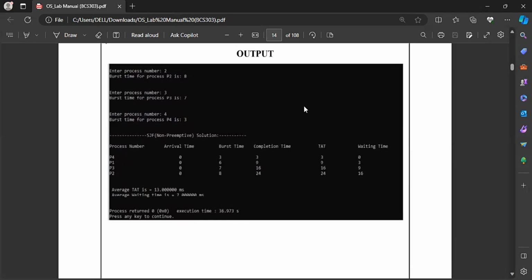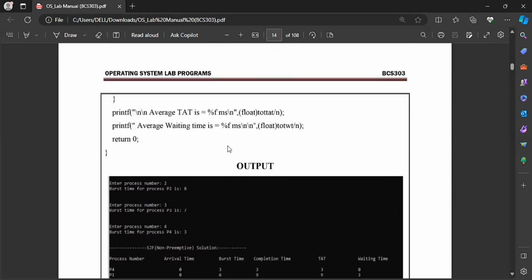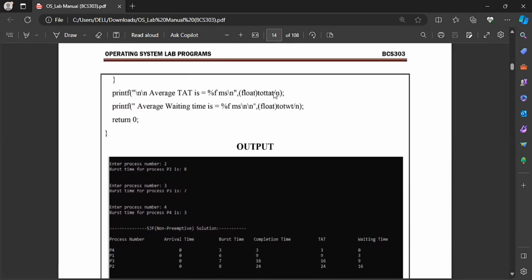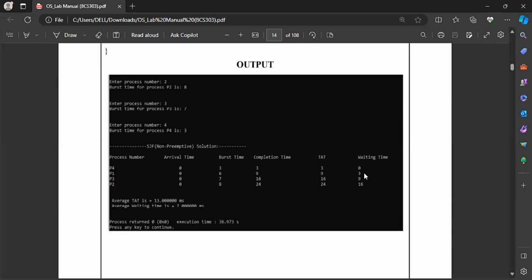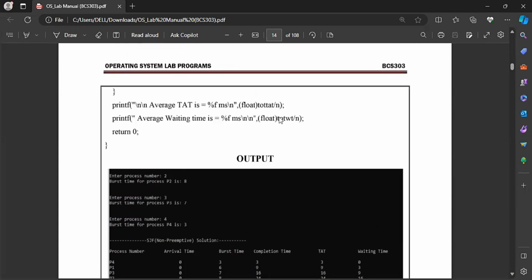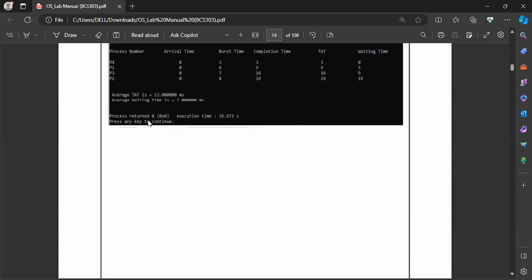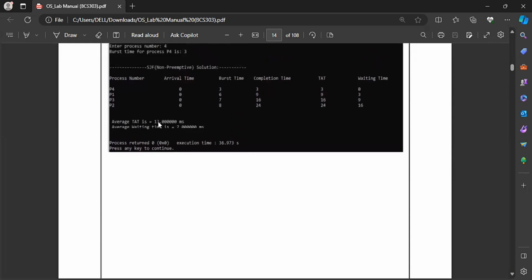In a similar way we calculate the average waiting time: total waiting time divided by n. So 0 plus 3 plus 9 plus 16 divided by n, the number of processes. The average turnaround time and the average waiting time will be displayed.